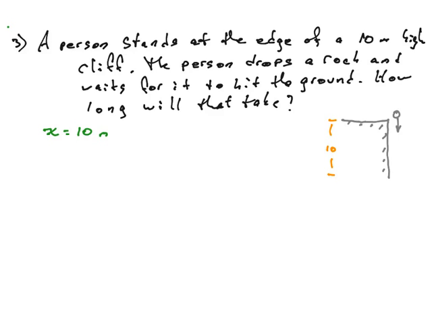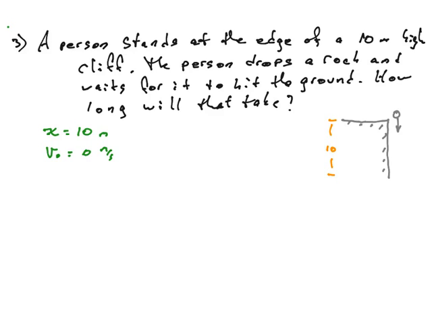What else do I know? The person drops the rock. Okay, that means something special. They didn't throw it up. They didn't throw it down. They just dropped it. That means the initial velocity of this rock was 0. It just fell out of the hand. So the very beginning velocity was 0.